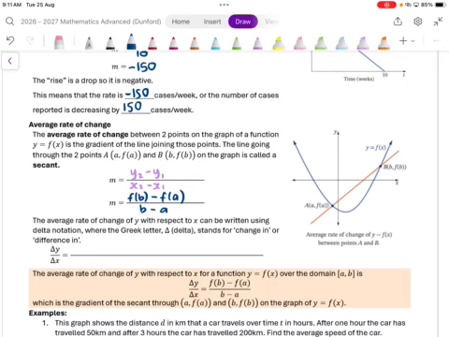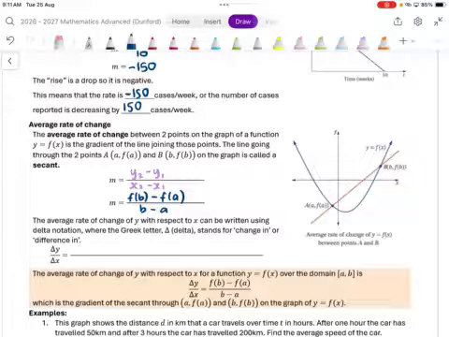Now our average rate of change of y with respect to x can be written using delta notation. We've seen delta before when we did our discriminant, okay? But delta, our triangle, stands for change in or difference in.